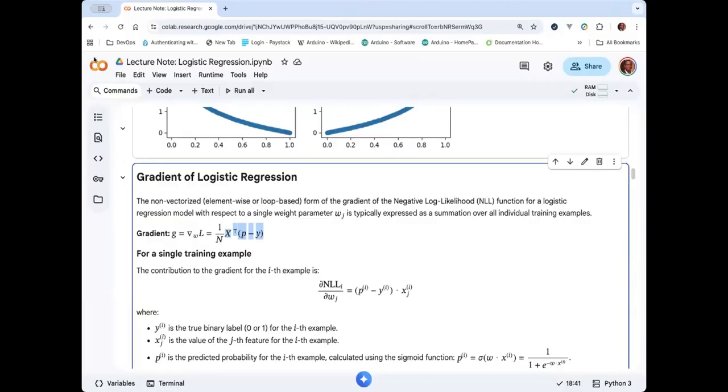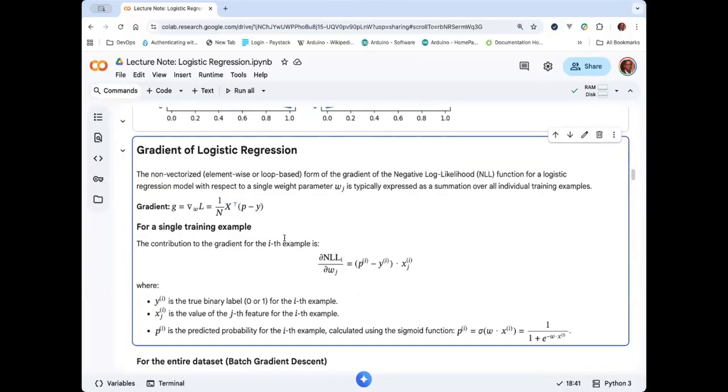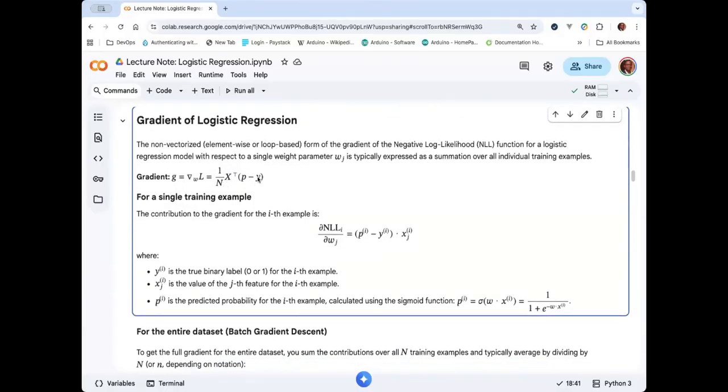If you do y minus y pred, for example, that is the error. You then take that and multiply by the value of x. That will give you the gradient for just that x, the contribution of that x to the entire error. And then you take the average for all the x's. So this is the gradient for the logistic equation.